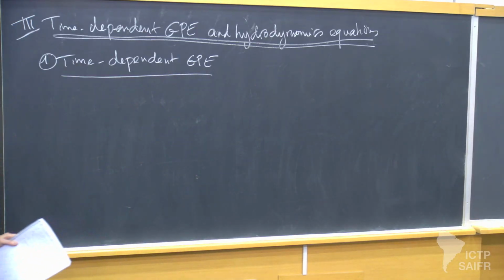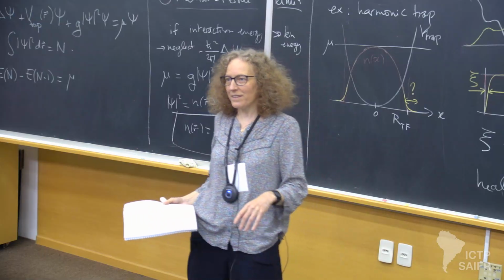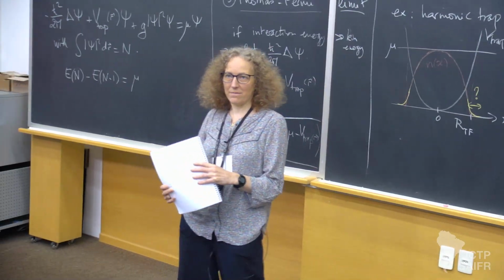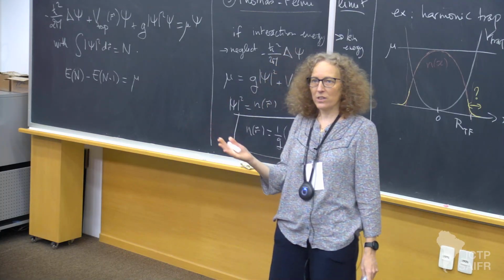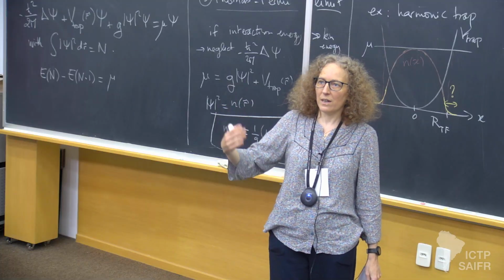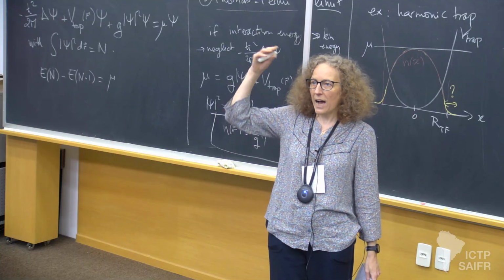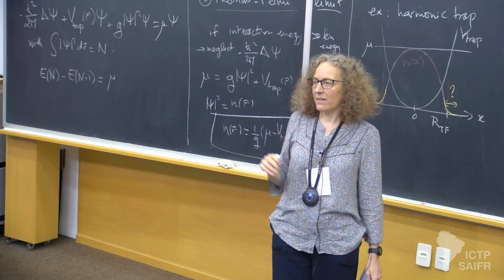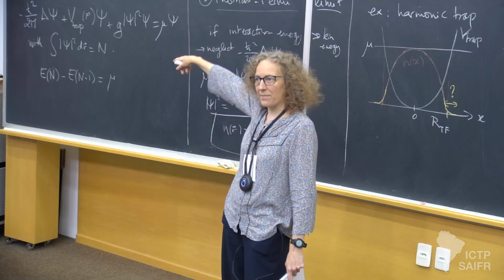So I will not derive it, but I will trust your intuition and start from what we have in the steady state. And of course, it's just like the Schrodinger equation. When you have some evolution of the ground state, what's happening is that you have e to the i E t over h bar. And when you derive it, that's why you get the E on the right-hand side.